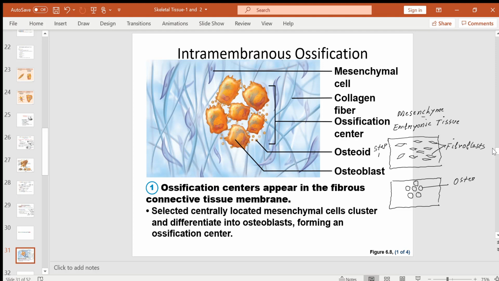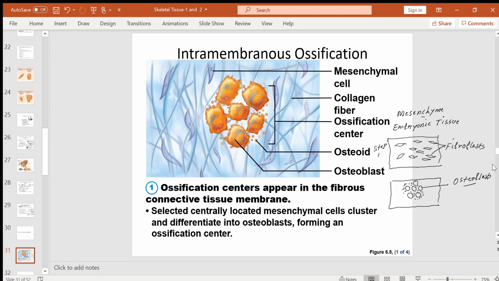Osteoblasts. Okay, young bone cells. And you already know that osteoblasts produce and secrete matrix. So these osteoblasts will do what? Will secrete matrix around them.